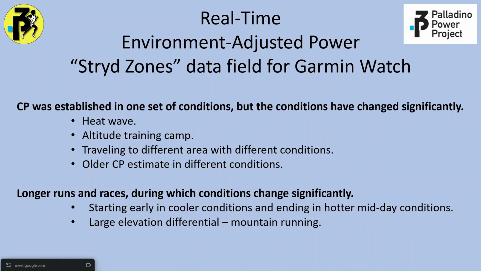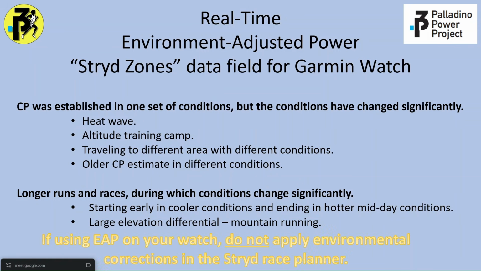So given those applications, one other thing. If you're going to use real-time environmentally adjusted power for a race scenario, do not apply environmental corrections in the Stryd race planner.